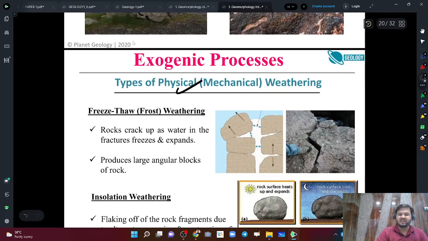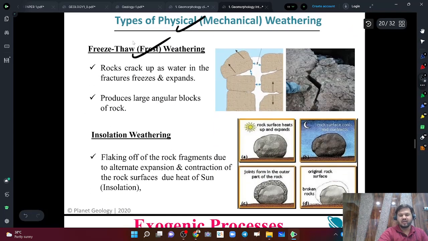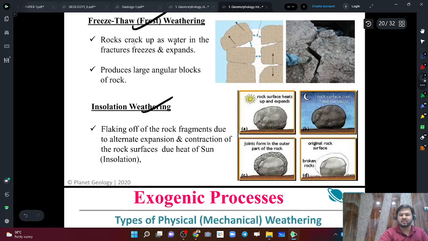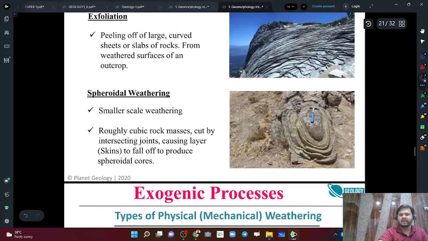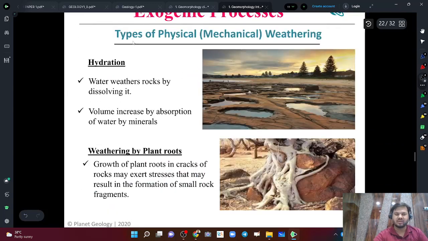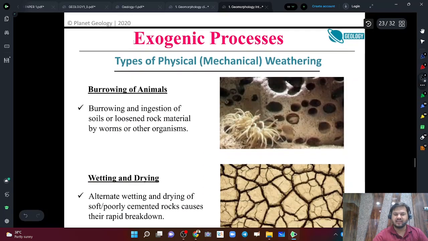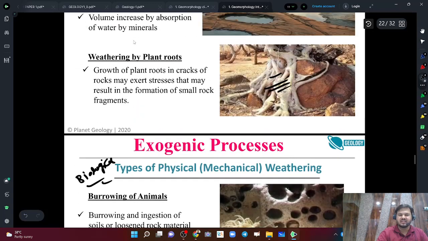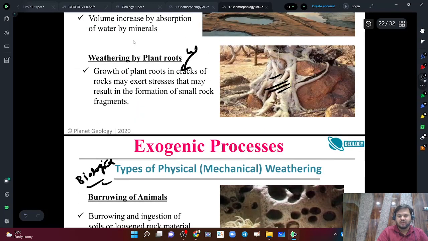These are types of physical weathering. This is frost weathering, so weathering could happen because of water and ice. There is insolation because of the heat of the sun, and exfoliation. Then there are a lot of examples. In chemical weathering, there is hydration. Roots of plants can also lead to breaking of rocks. These are examples of biological weathering. In some books you will see that weathering is of three types: physical, chemical, and biological.